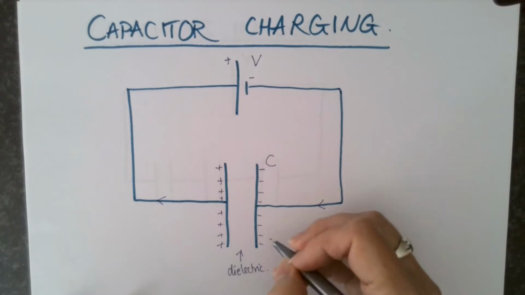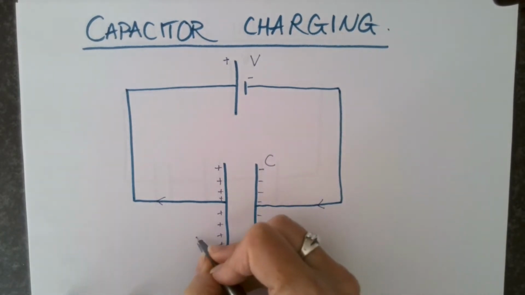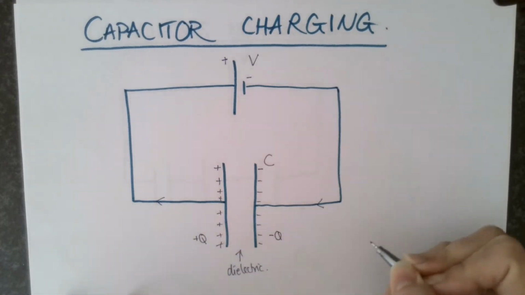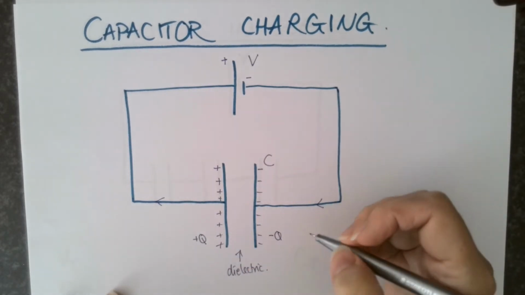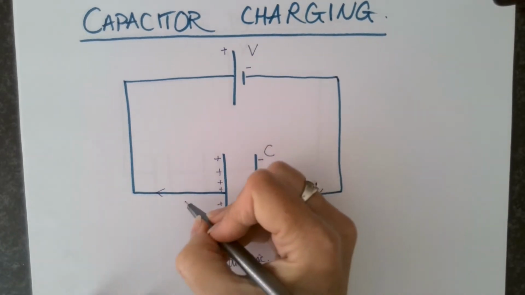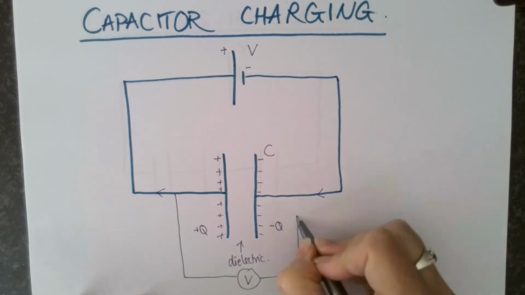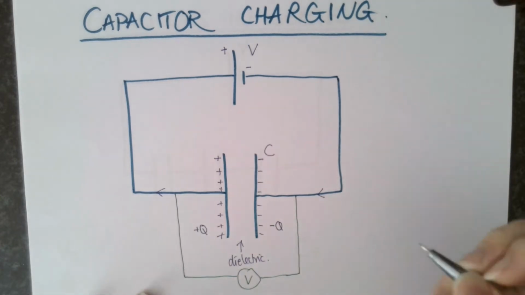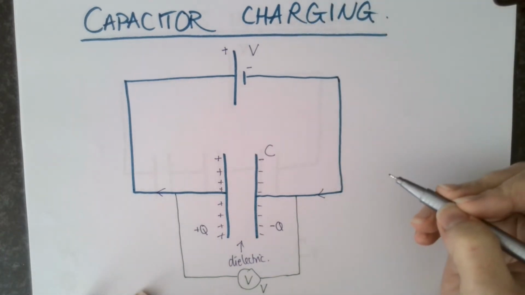So if we have a charge of minus Q on this plate, we have a charge of plus Q on the other plate. At the end of the charging process, if we were to measure the voltage across our capacitor using a voltmeter, we would find that that voltage was the same as our supply EMF.